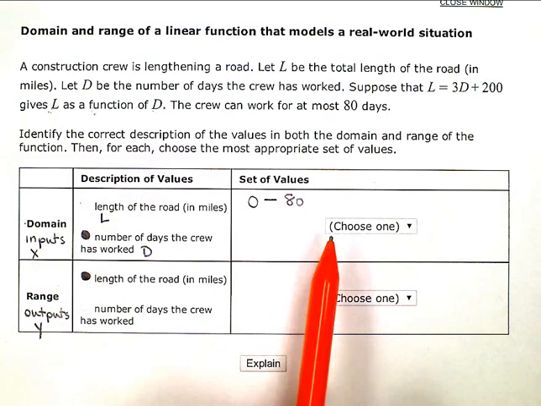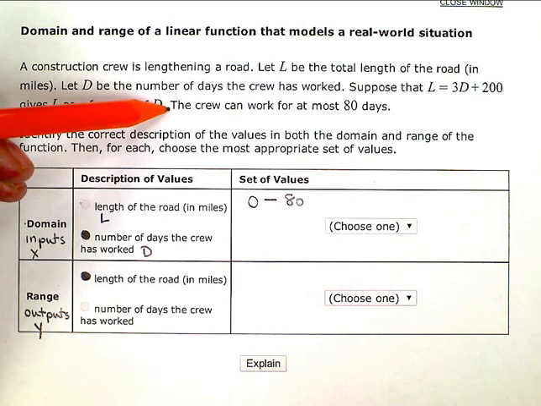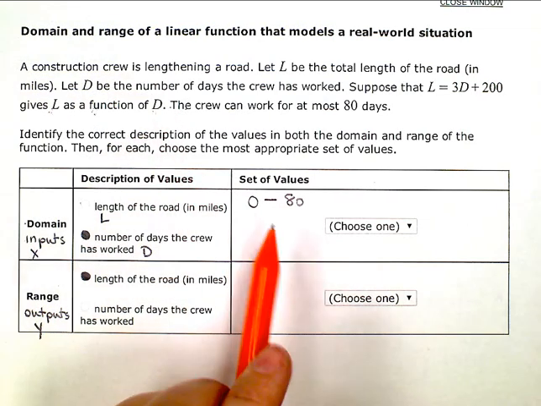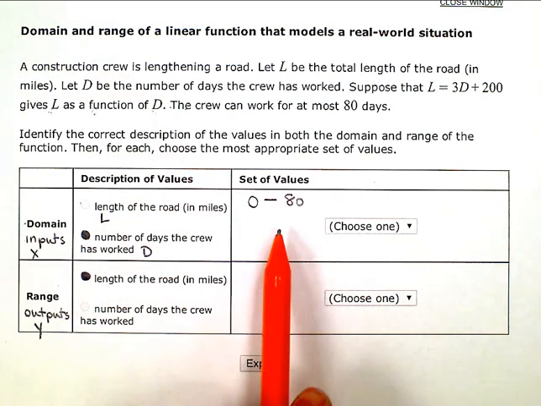So when we're choosing our answer here, we just need to consider, could they work a partial day? Could they work 20.2 days, or 25.5 days? And the answer is yes. Partial days here as part of our domain is perfectly logical in this context.